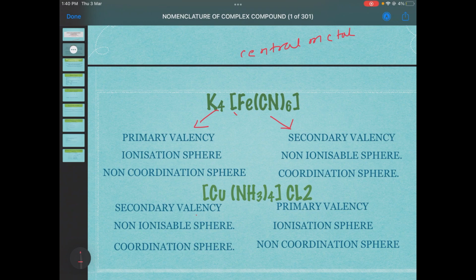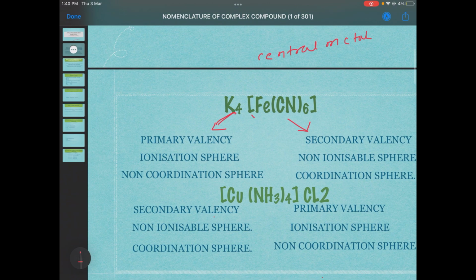A complex compound is always written in a square bracket. Outside the square bracket is called the primary valency, and inside the square bracket is called the secondary valency. Outside is also known as the ionizable sphere and inside is also called the non-ionizable sphere. Outside is also called the non-coordinated sphere and inside is also called the coordinated sphere.